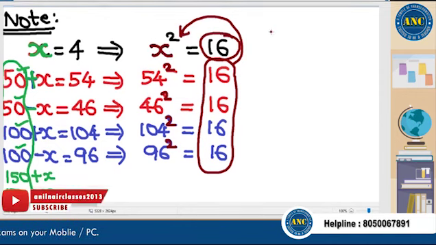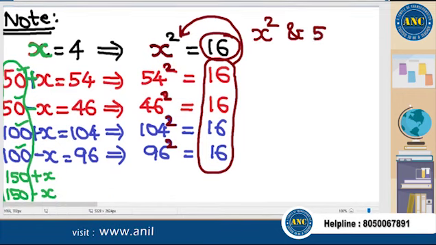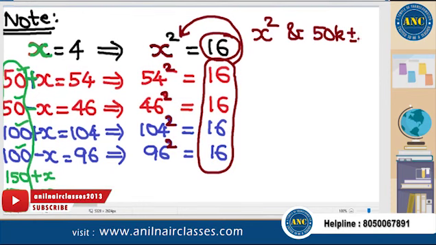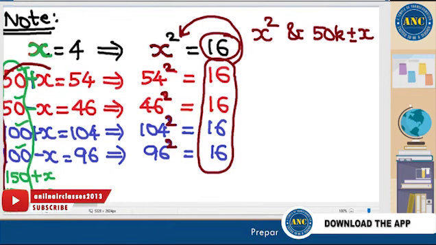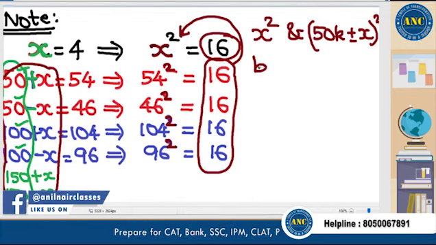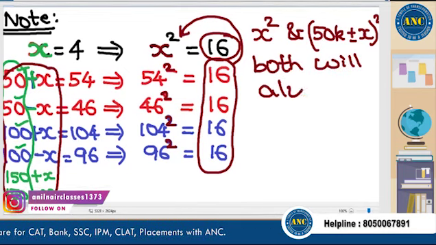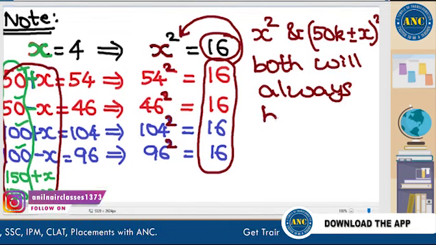That means x square and x with a multiple of 50 added or subtracted and then squared will always have the same last 2 digits.